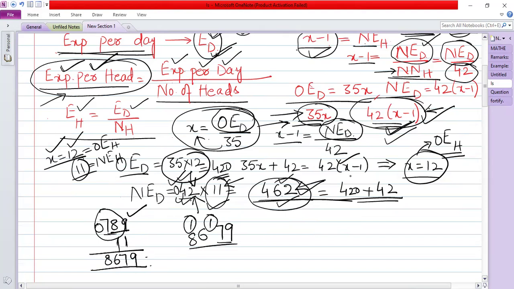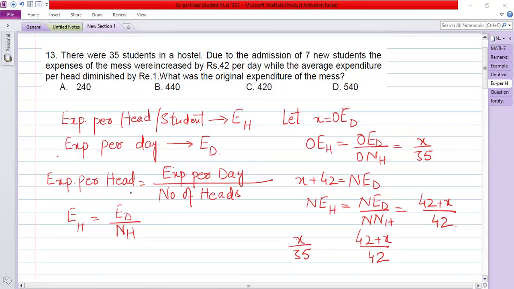This is the one way that I had already discussed in the previous lecture. Now I will discuss another way to solve this question. So let us discuss the second way.